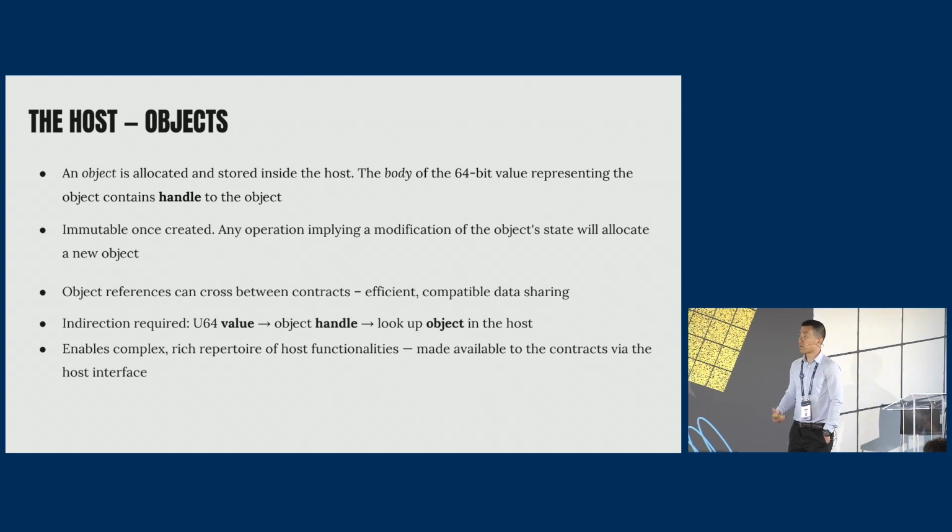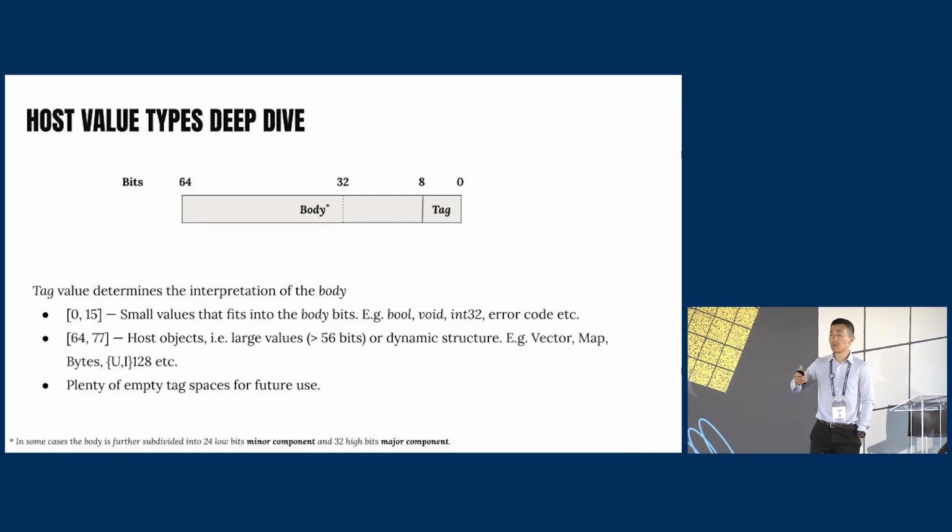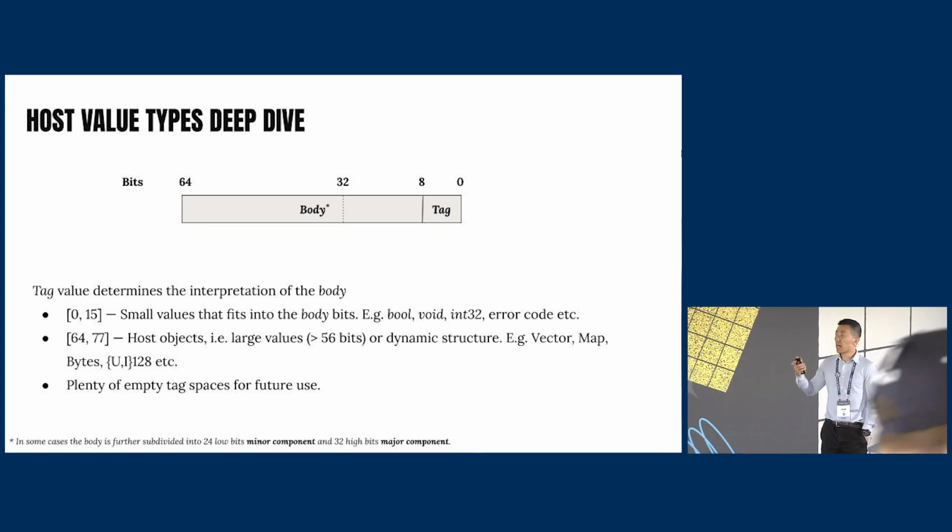Now, the host object. The host object is allocated and stored inside the host. They are not directly accessible by the guest, but the guest can access the value that represents the host object. The value itself is the 64-bit value, and the body of the 64-bit value is the handle of the object.